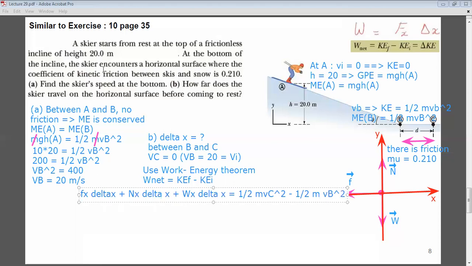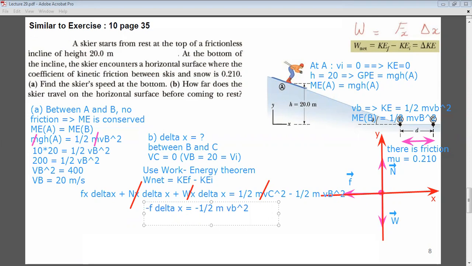Okay, few items will disappear here. So Nx is 0 because it's on the y-axis. Wx is 0 because it's on the y-axis. Vc is 0 because it stops here. So I'm left with Fx is minus f. So minus f delta x is equal to minus half m vb squared.